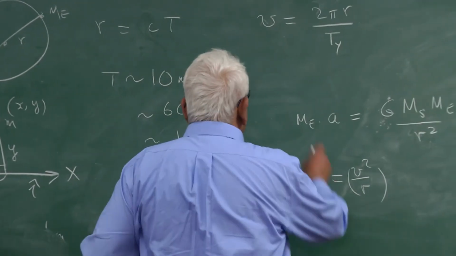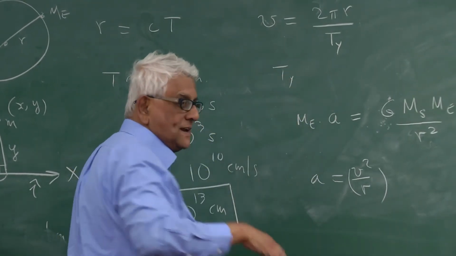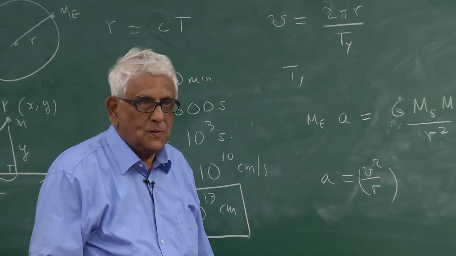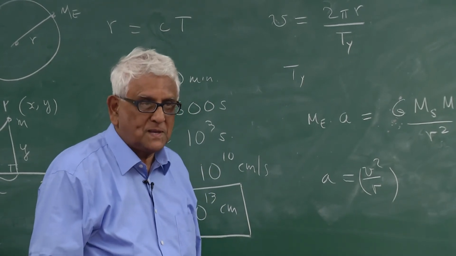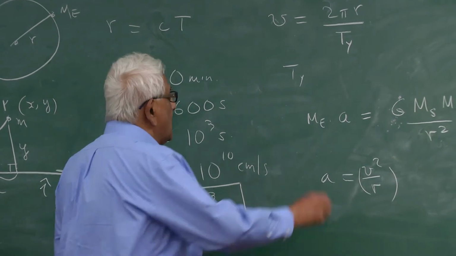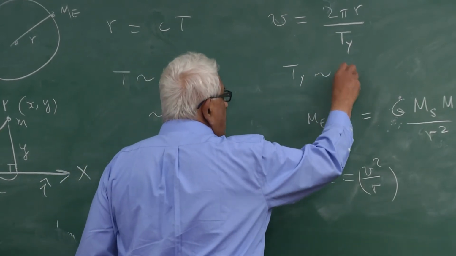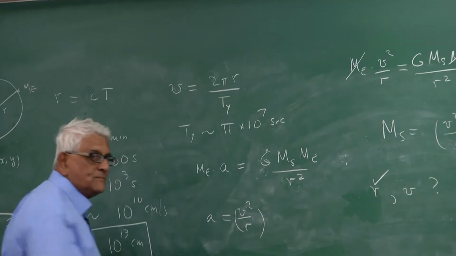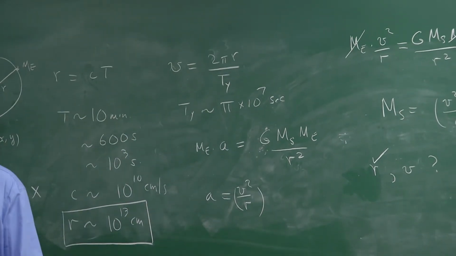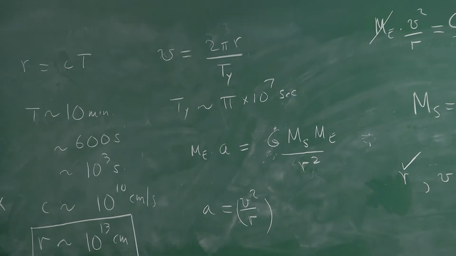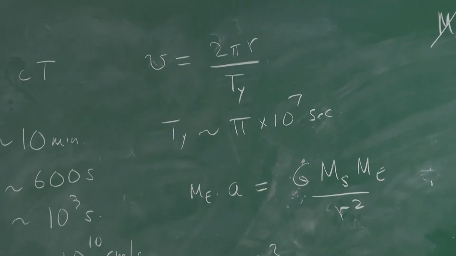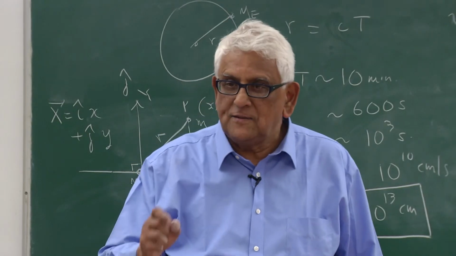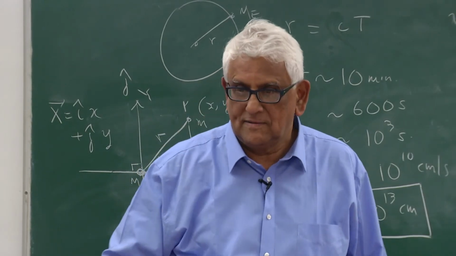One year, from my list of things on my blackboard many years ago when I was much younger, is roughly pi times 10 to the power of 7 seconds. This is something worth knowing. It's actually 3.15, but 3.14 is not too bad. So pi times 10 to the power of 7 seconds is 1 year.